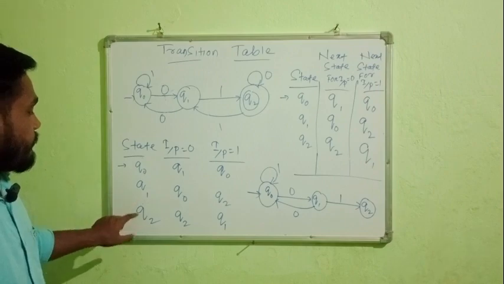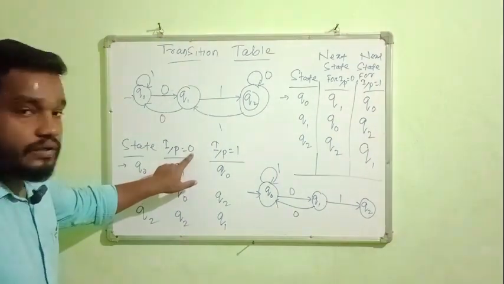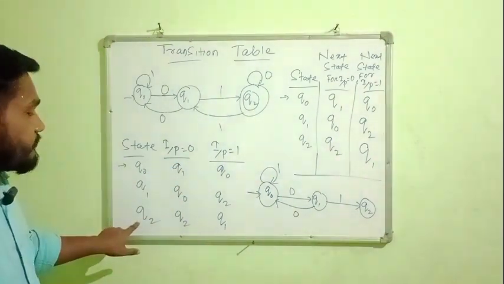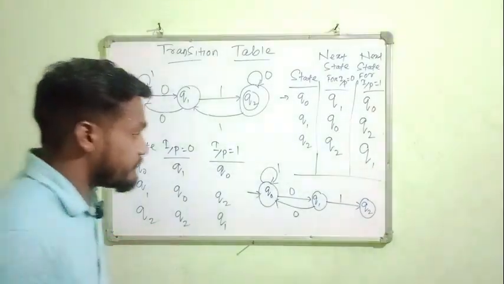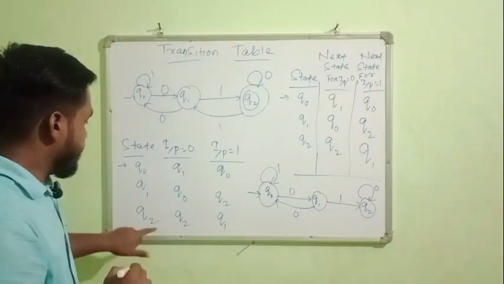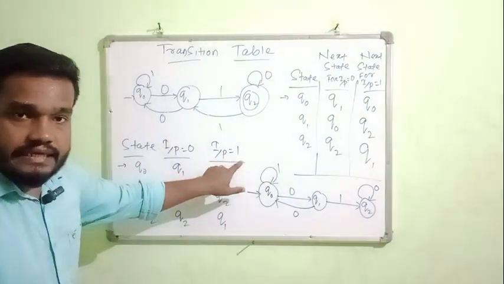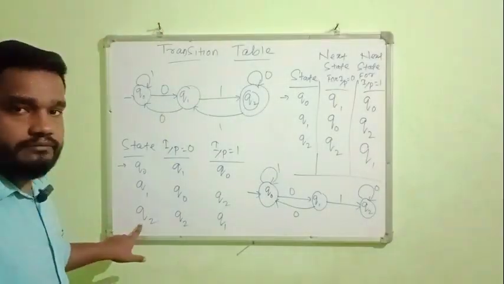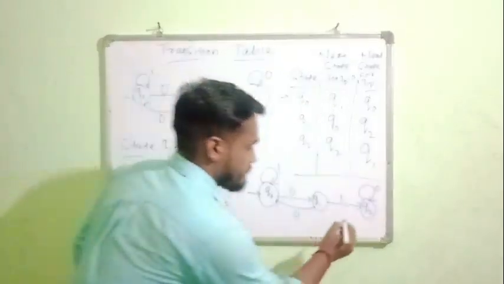If we use 0 in the Q2 state, then we will arrive at Q2 itself. If we use 1 as input in the Q2 state, then we will arrive at Q1.